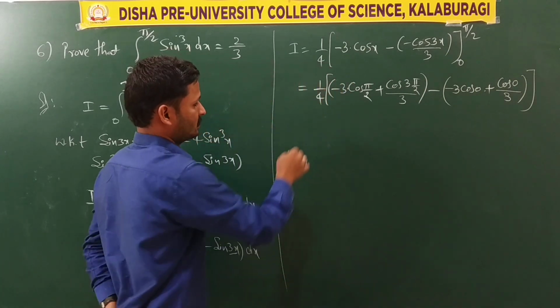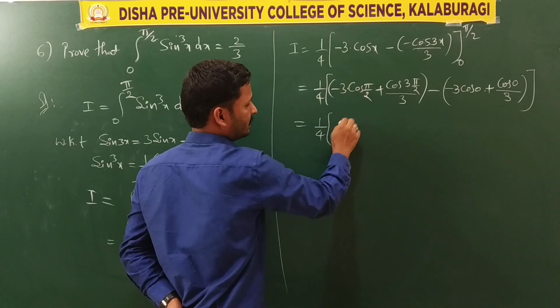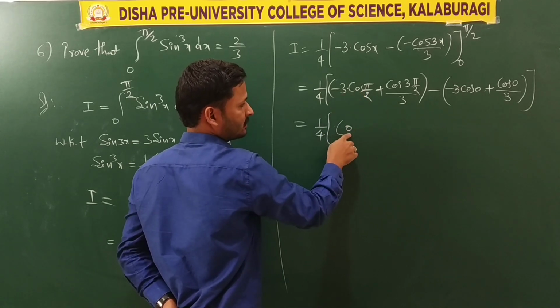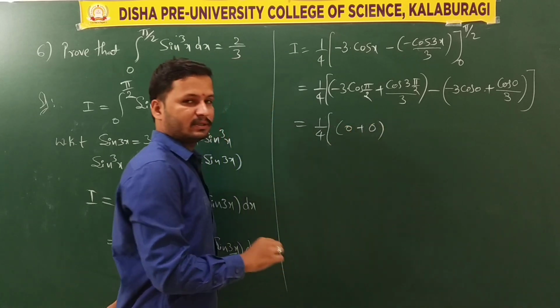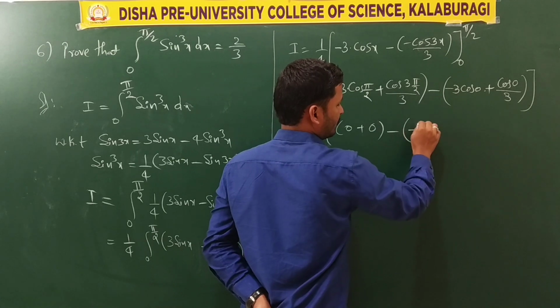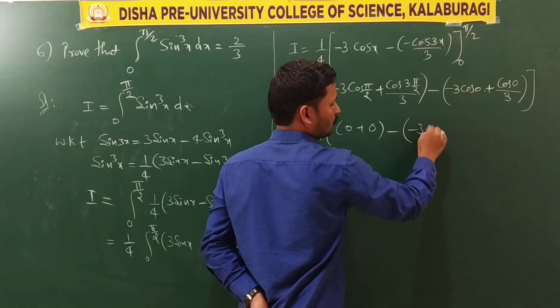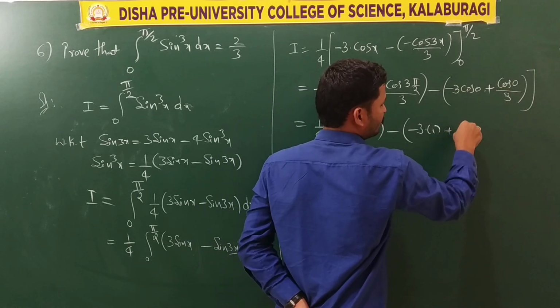So 1 by 4 here: cos 90 degrees is 0, so minus 3 into 0 is 0, and cos of 3 pi by 2 is 0. Next, minus 3 into cos 0, whose value is 1, correct? Plus here again cos 0 is 1 by 3.